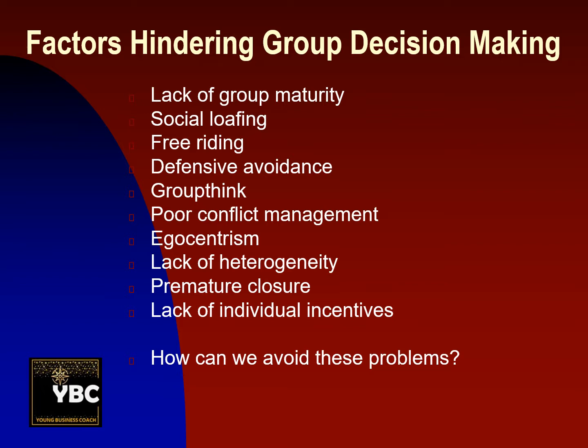Now, factors hindering group decision making: lack of group maturity, social loafing, free riding, defensive avoidance, groupthink, poor conflict management, egocentrism, lack of heterogeneity, premature closure, lack of individual incentives.